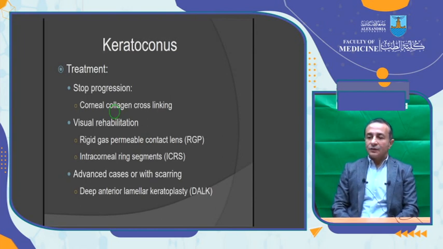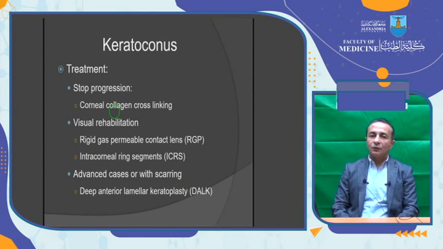We may choose to use a rigid gas permeable contact lens. This is a type of contact lens which is harder than the usual soft contact lens. This contact lens will cause flattening of the cone and correction of the irregular astigmatism.